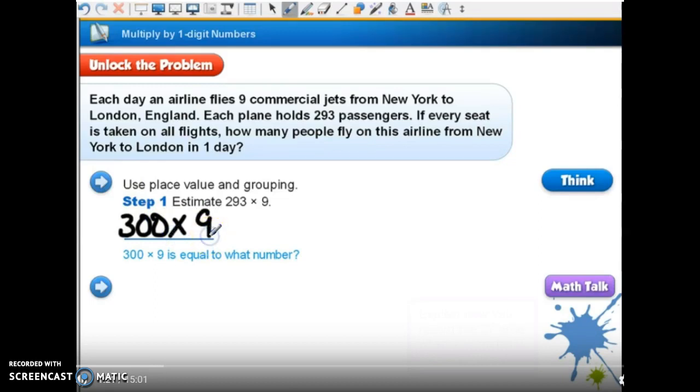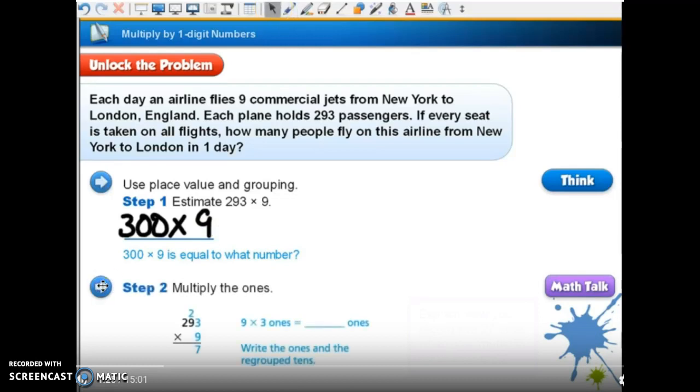Okay? So what is 300 times 9? 9 times 0 is? Or we have 2 zeros, and it would be 27, because 3 times 9 is 27. So your answer should be around 2,700.